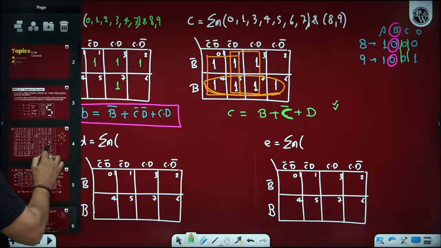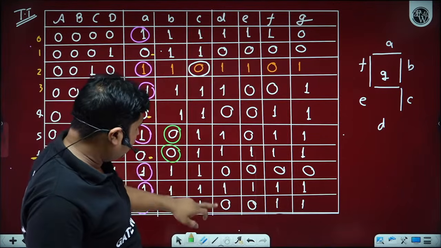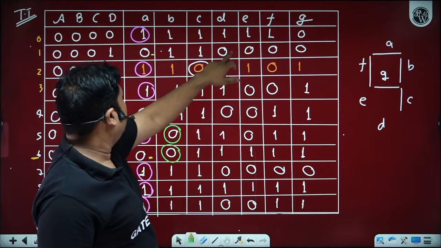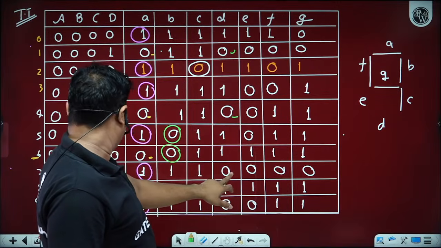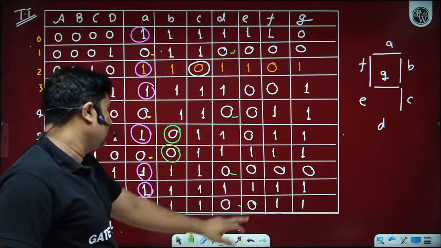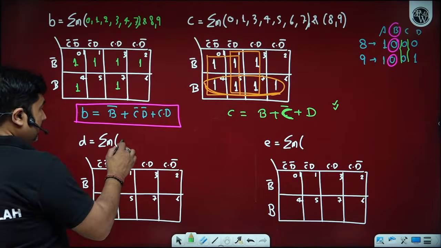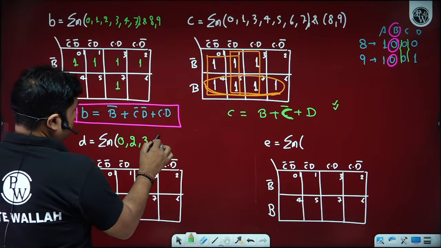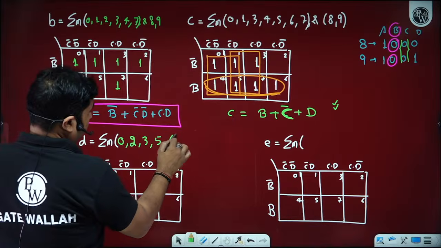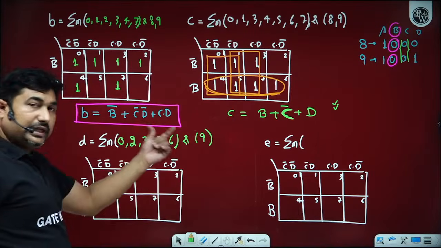For D we are getting high where? Sir, we are getting high on the binary conditions except 1, 4, 7, 9. Here 8 is not.